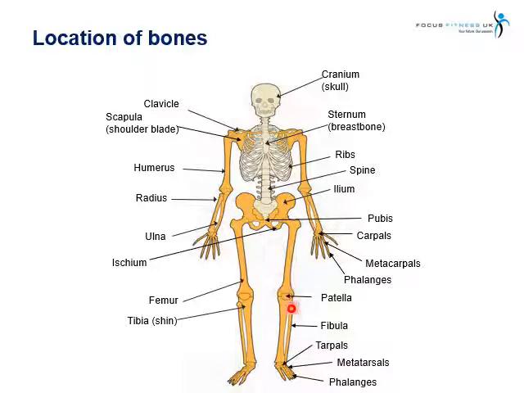At the knee joint, there's also a patella. Patella is what we call a sesamoid bone, which helps the knee to move. At the bottom of there, we find our tarsals in the ankle, our metatarsals in the midfoot, and the phalanges as the toes. So just like we've got carpals, metacarpals, phalanges, we've also got tarsals, metatarsals, phalanges.